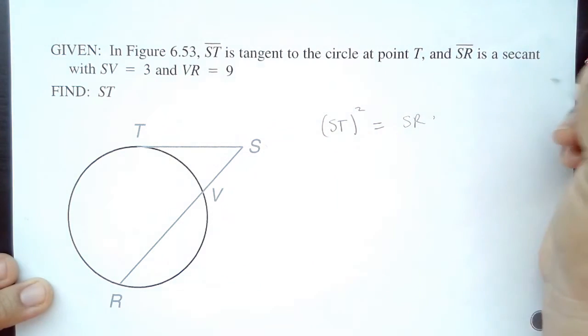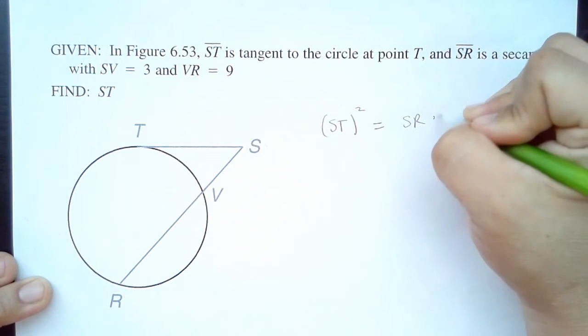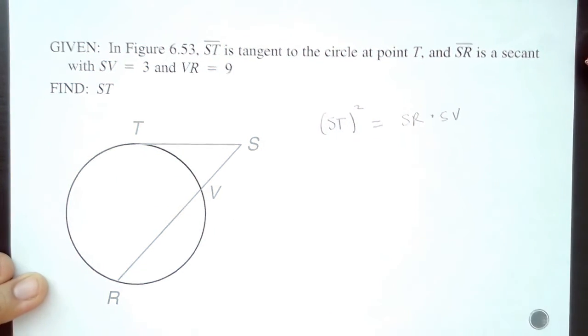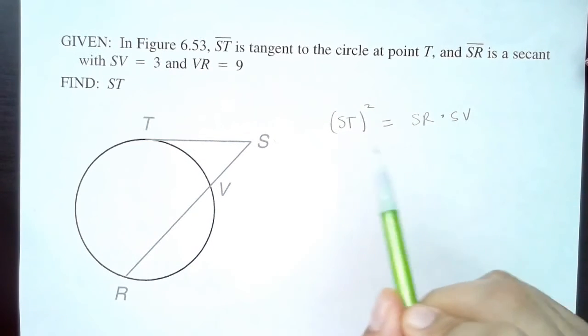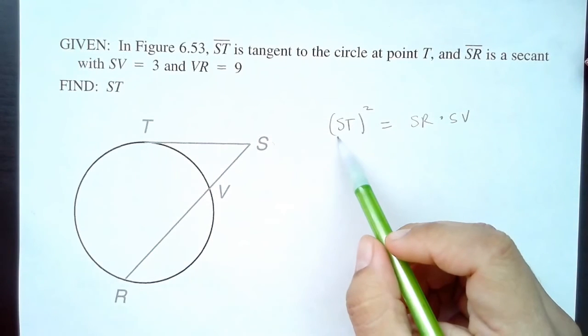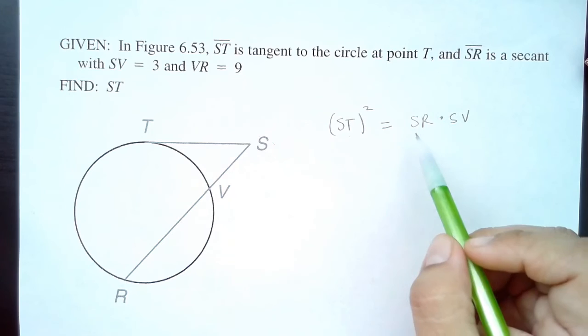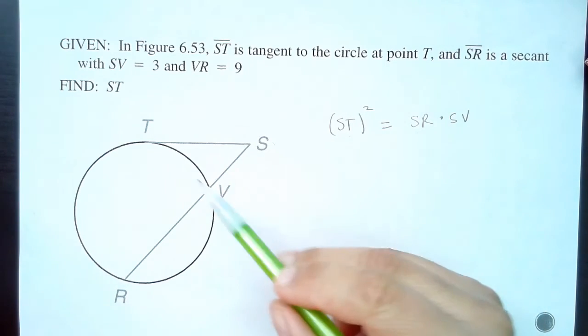Okay, so that's that. So obviously, you just need to understand how to use these. So we have the square of the tangent is equal to the length of the secant times its exterior segment. So here we just plug in. We're trying to find ST. So let's just go ahead and plug in stuff.